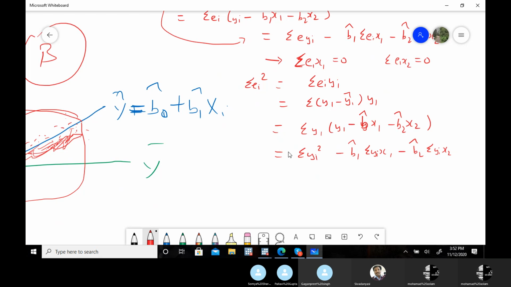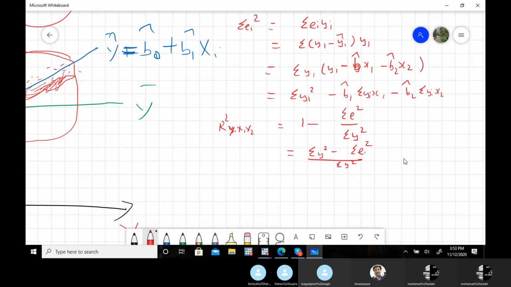Now from the residual part, if I go with this R square by this particular method, 1 minus residual sum of squares upon total sum of squares, cross multiplying, it is summation y square minus summation e square divided by summation y square.